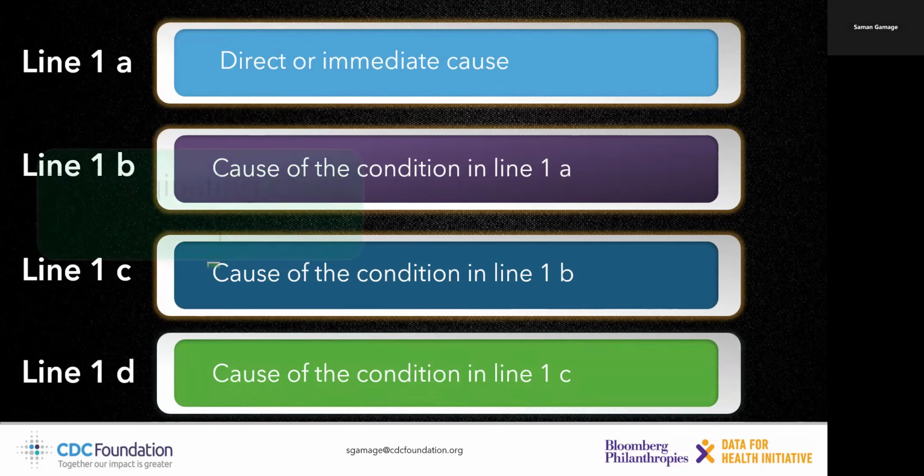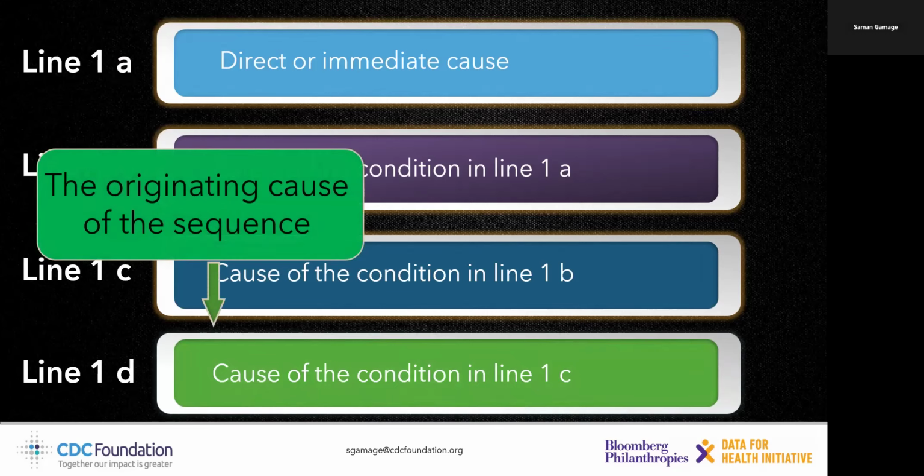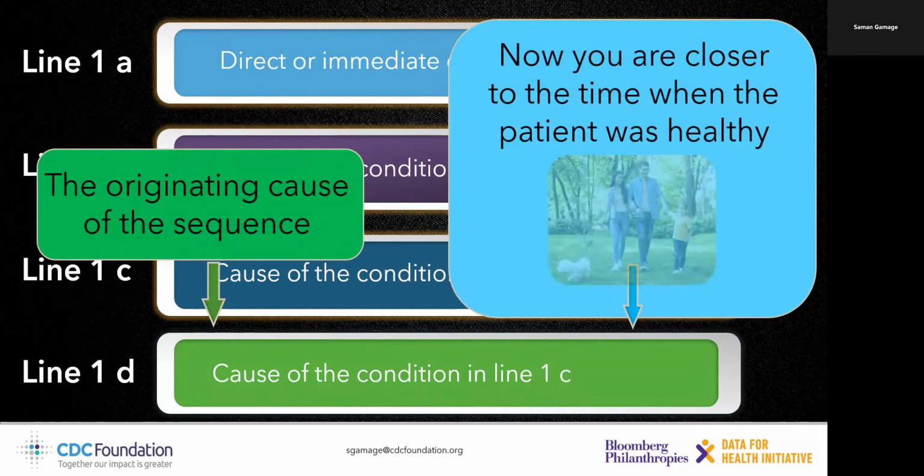So when you reach this level, the condition reported on the lowest used line is the originating cause of the sequence. So this is where the sequence starts. And when you reach the originating cause of the sequence, you are closer to the time when the patient was healthy, because before the onset of this condition leading to death, the patient was healthy.